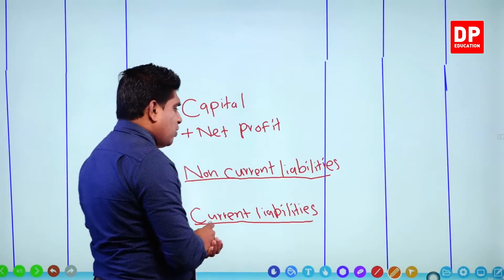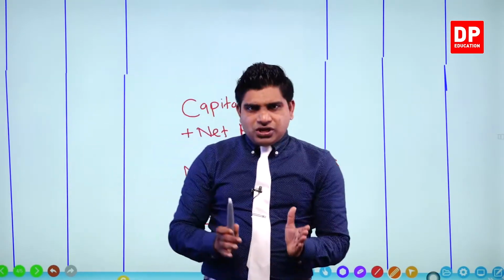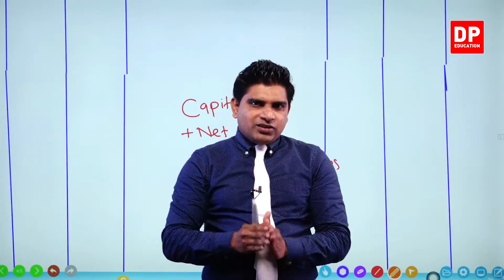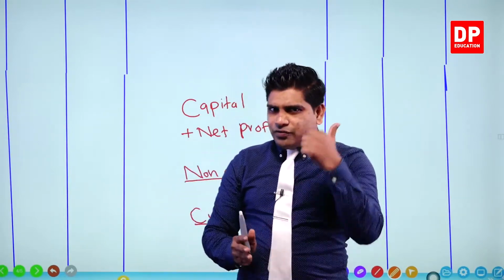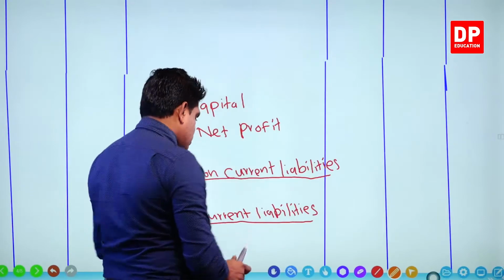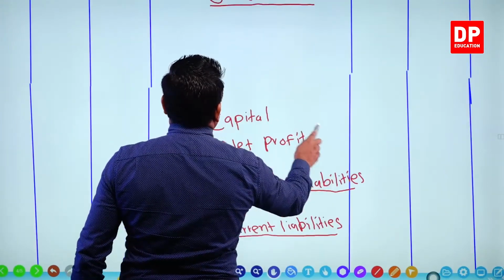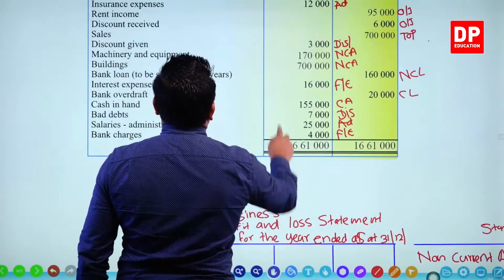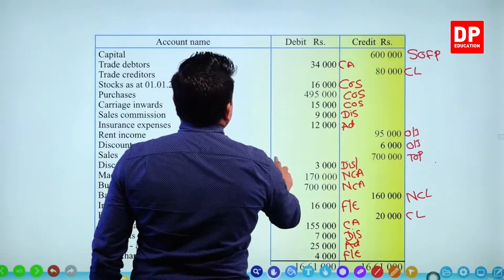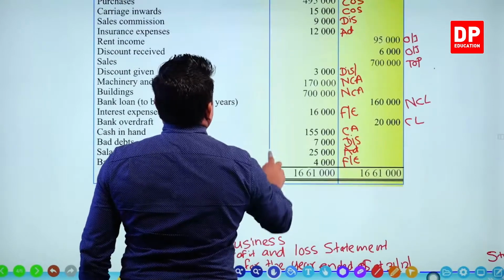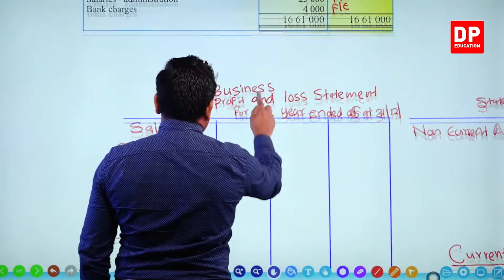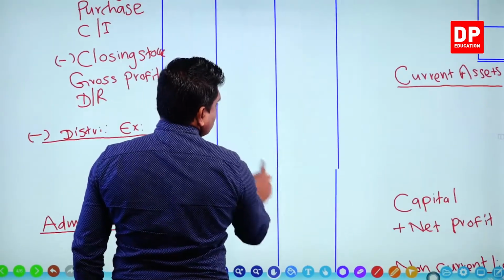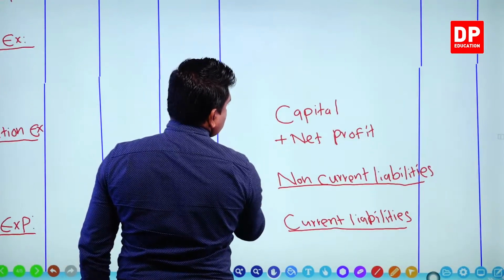Okay. Now we can go to the question. We take the details from the top to bottom one by one. Now we go to the top of the question. Capital 600,000.